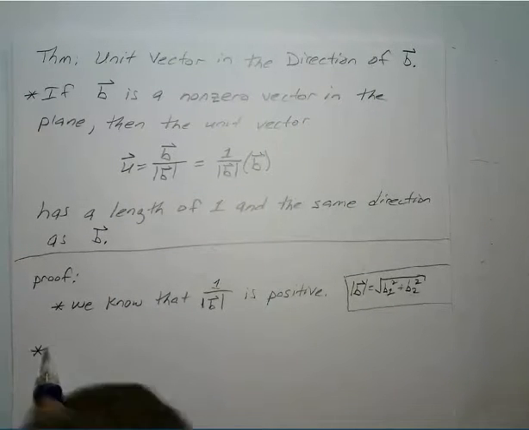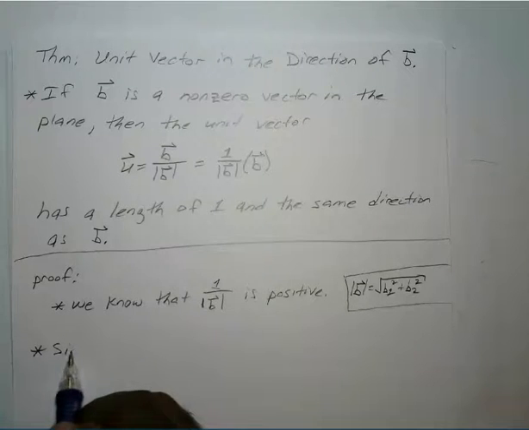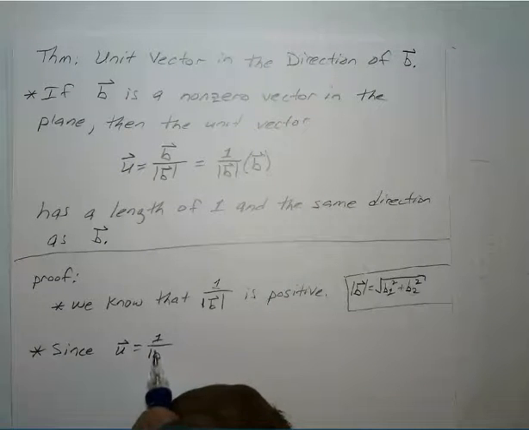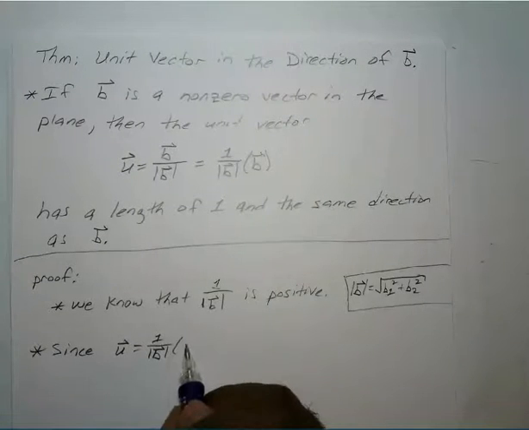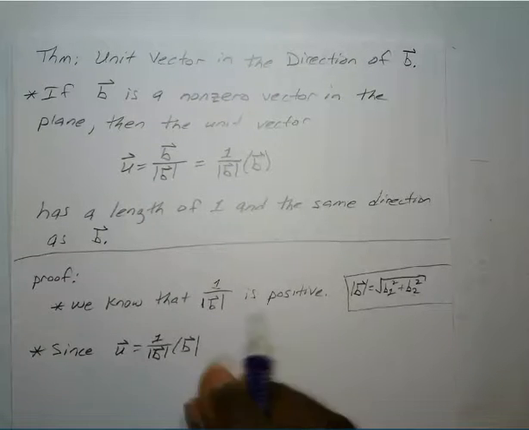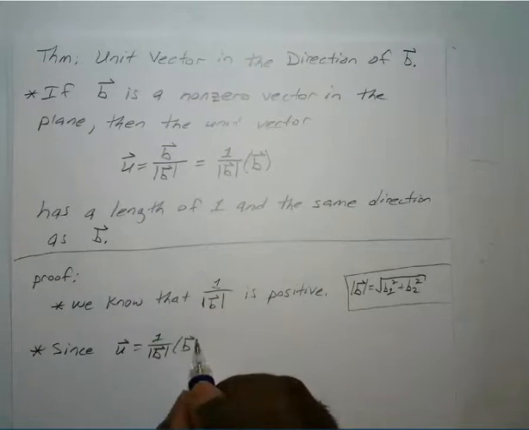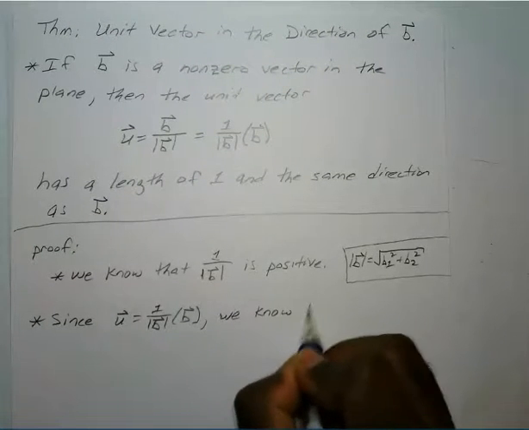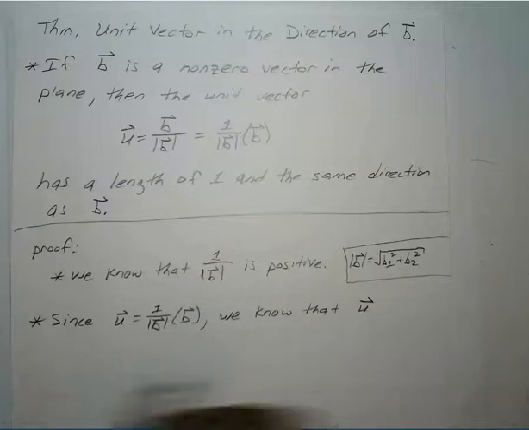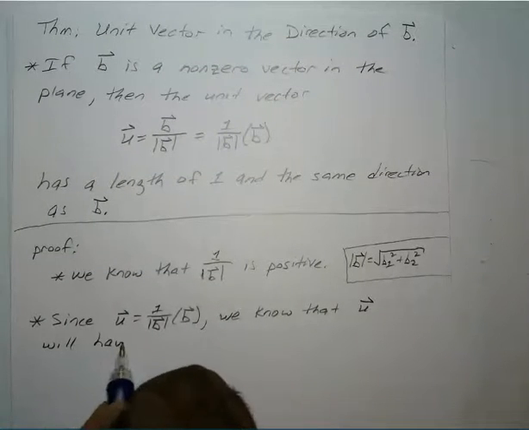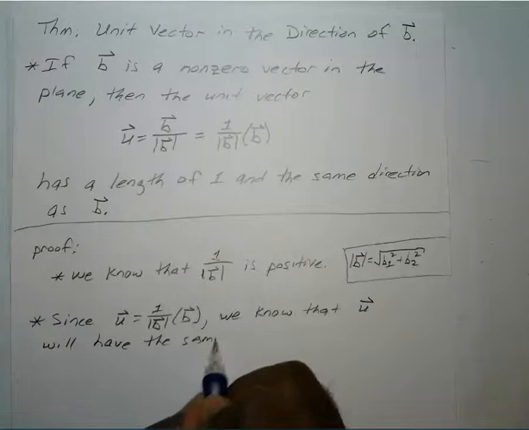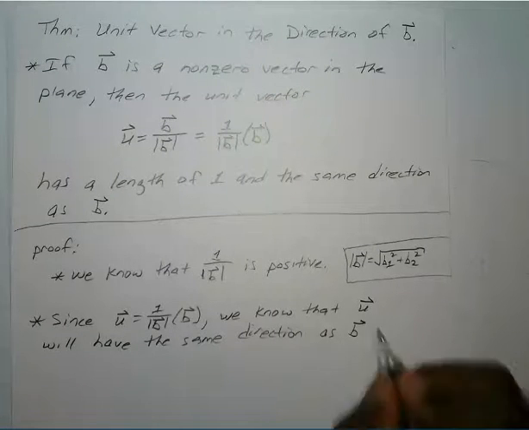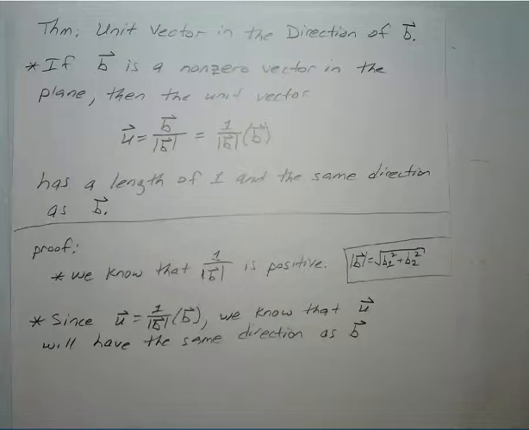Okay, what else? Since u equals 1 over the magnitude of b vector times the actual b vector, we can know that the u vector will have the same direction as b vector because it's just a scalar multiple of the b vector.